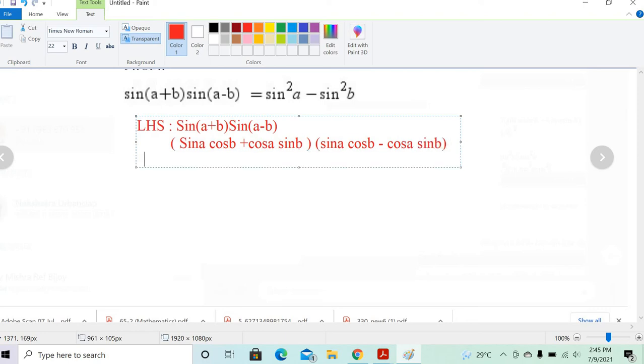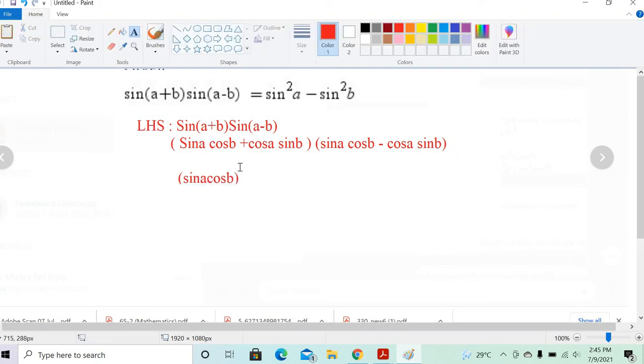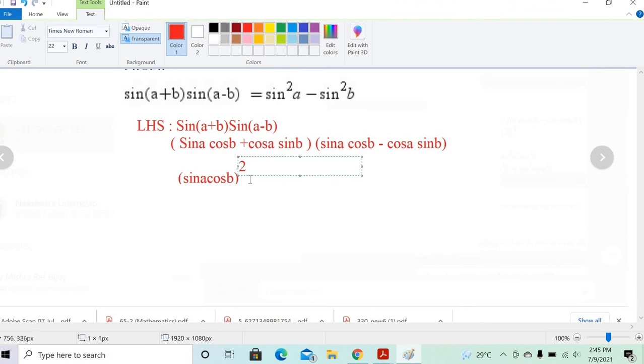Now if we just see, sin a cos b plus cos a sin b, and here also the same thing, so this comes in the form of (a+b) into (a-b). So we'll do the square part of it. This entire term can be squared: (sin a cos b) whole square minus (cos a sin b) whole square, isn't it?